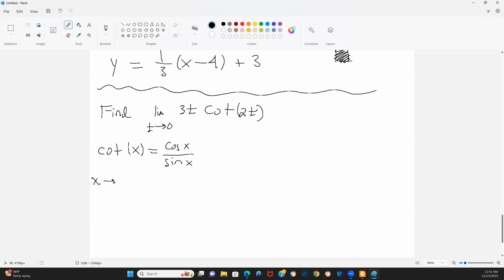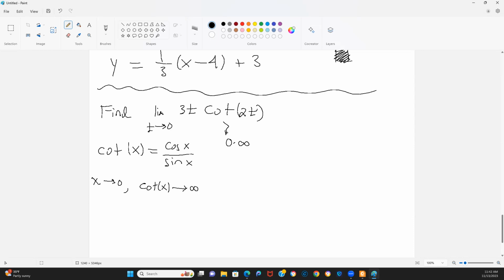As x goes to 0, the numerator approaches 1, but sine of x gets close to 0. It's a very small number. So you basically have 1 over numbers that are getting smaller and smaller, so this thing will go off to infinity. So cotangent of x goes to infinity.